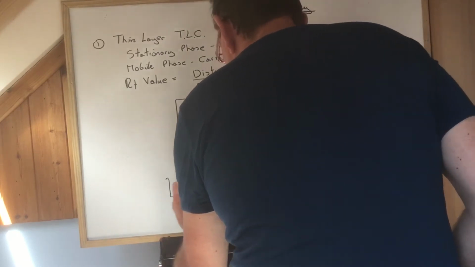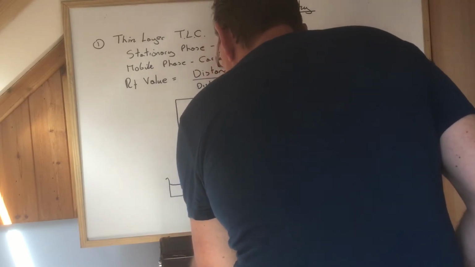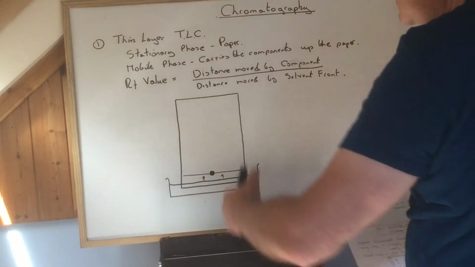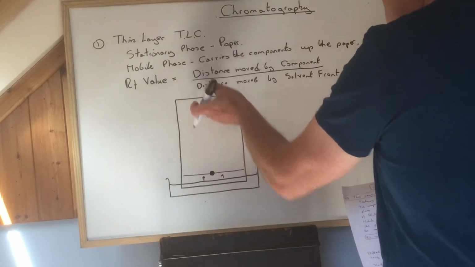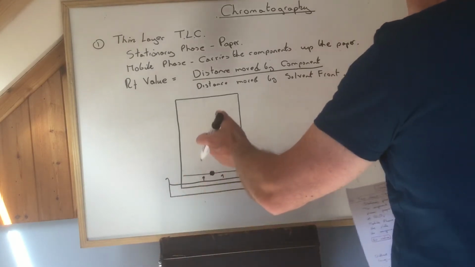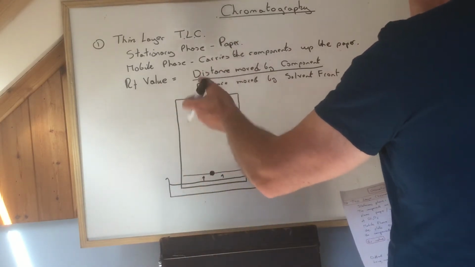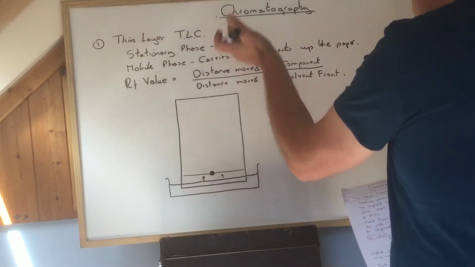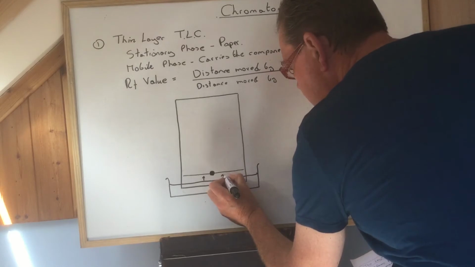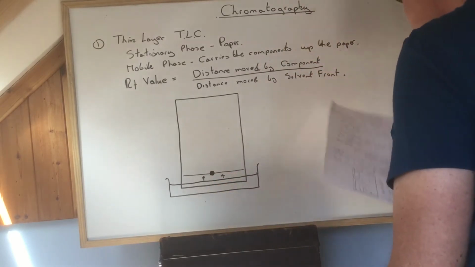Water is a common one, but you can use any one you like, and the solvent will travel up, and it will carry the different components contained within this black ink different distances up the paper, according to how strongly each component is attracted to the water, the mobile phase, or the stationary phase, separating them out.